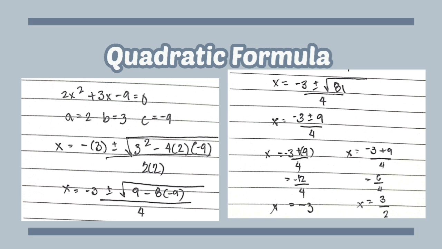So we're going to get negative 3 plus or minus the square root of 3 squared minus 4 times 2 times negative 9, over 2 times 2. We're going to simplify that expression to get the value of x. And that would be negative 3 and 3 over 2.